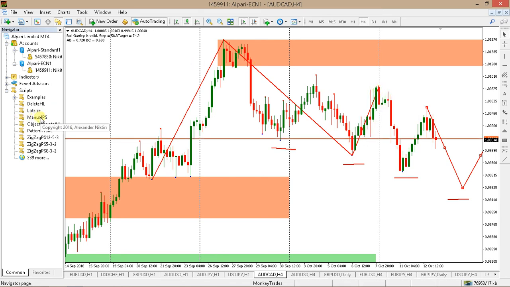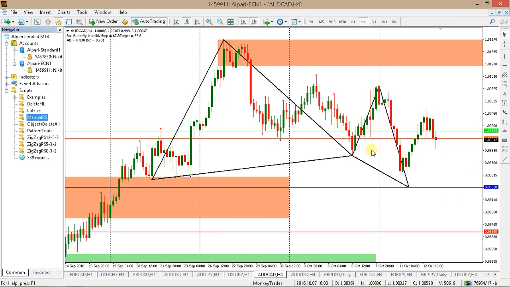Let me draw the pattern with my pattern search tool. Boom. You see, it shows a potential butterfly pattern. Let me measure these legs to show you how perfect the completion of Fibonacci and harmonic measurements is. They almost always coincide.